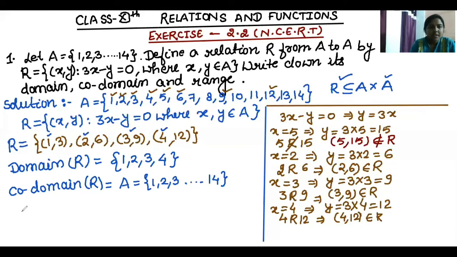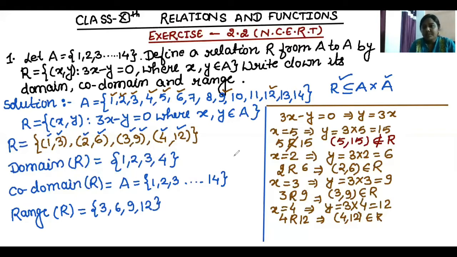Now next is the range. Range means all the second coordinates of the elements of R. So 3, 6, 9, 12. In set form, we write 3, 6, 9, 12. This is the range value. I hope it is clear for you all.